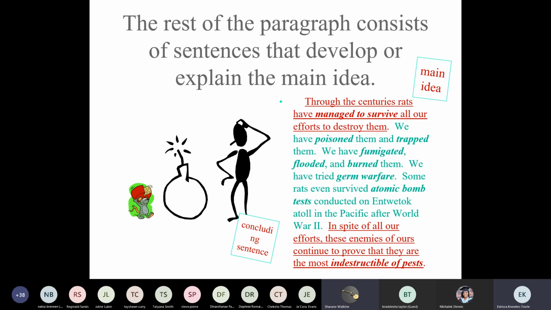Okay, I want you to look at the rest of the sentence there. What are some of the details that support the main idea or the topic sentence? What are some of the details that we are giving in that paragraph?